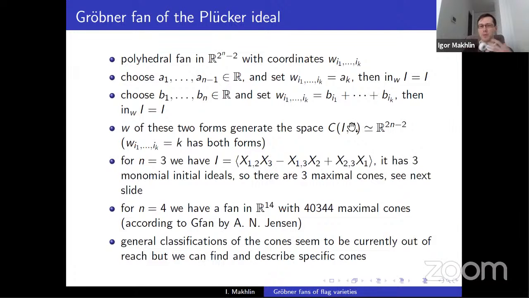But what we can do is look for specific degenerations of the flag variety, look at the corresponding initial ideals, and describe the corresponding cones in the Gröbner fan. So as far as the structure of the Gröbner fan goes, we can find specific cones and give descriptions of those cones.